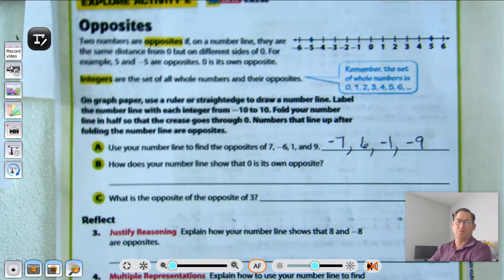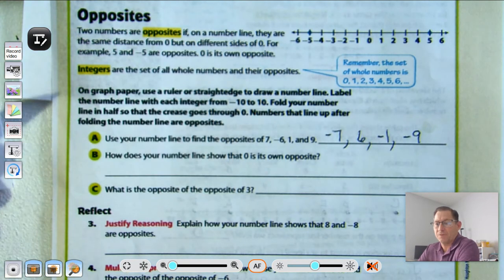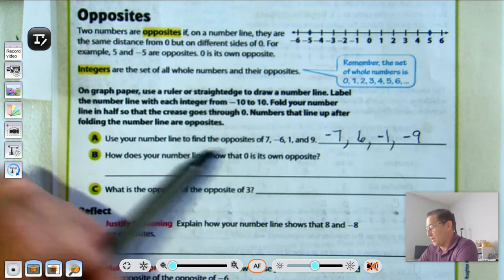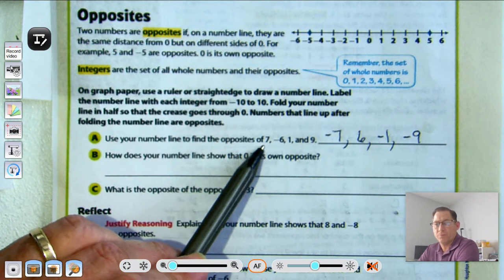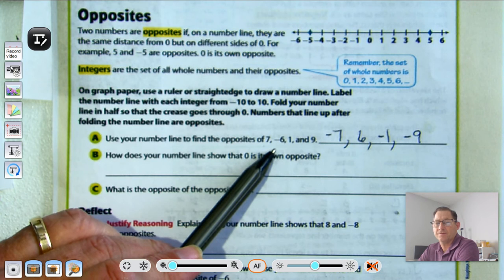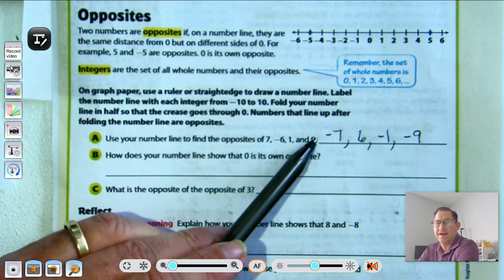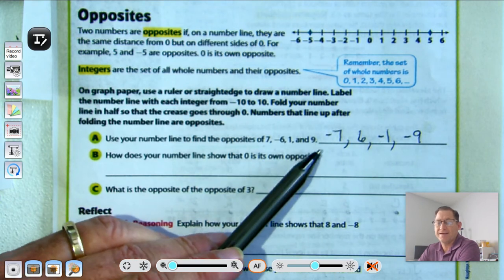Okay. So basically, it just has the opposite sign, right? Same number, opposite sign. So positives, we write the same number, but with a negative. Negative 6, we write the same number with either the plus sign or just 6. 1, we'd write negative 1. 9, we'd write 9, but with a negative.